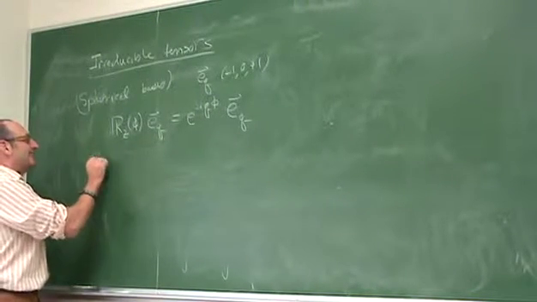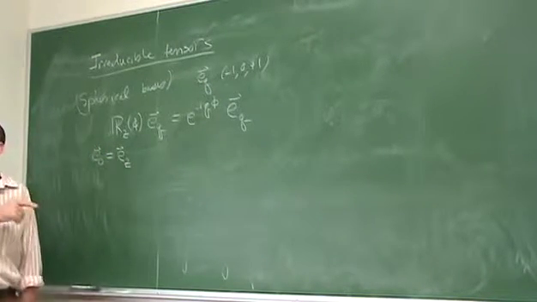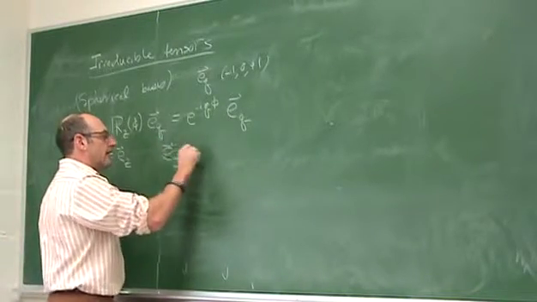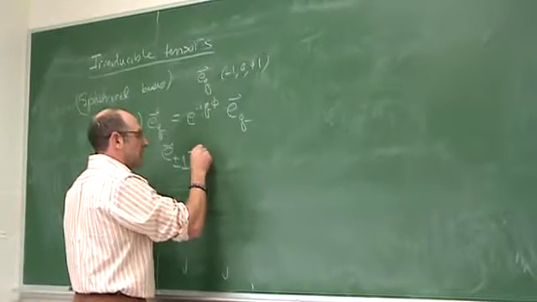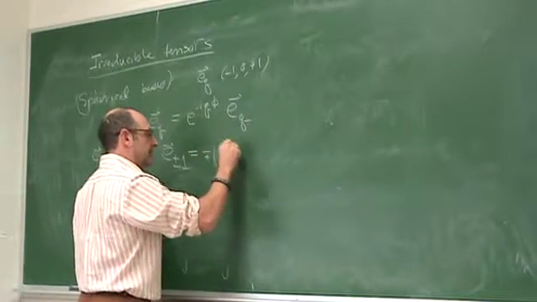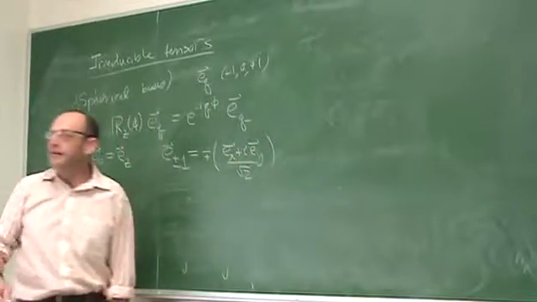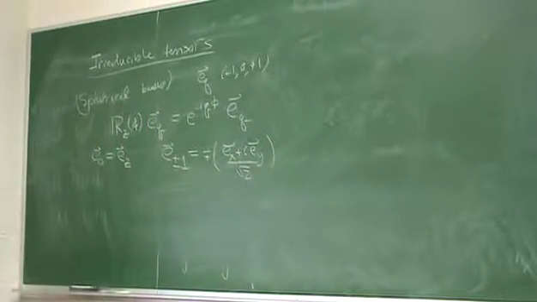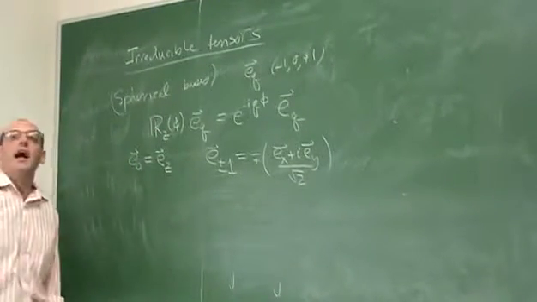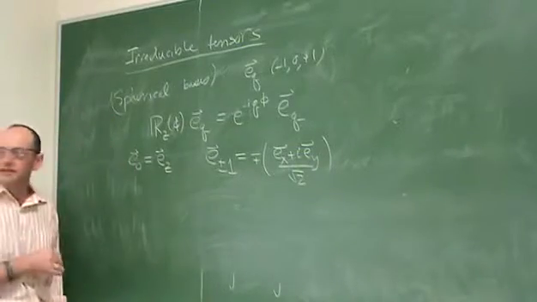So e_0 is the z-axis, that doesn't change, and e plus or minus 1 has this overall phase out front, and then it's x plus or minus iy, normalized. These three vectors are eigenstates of rotation. And when you rotate, this thing picks up a phase and this thing stays the same.